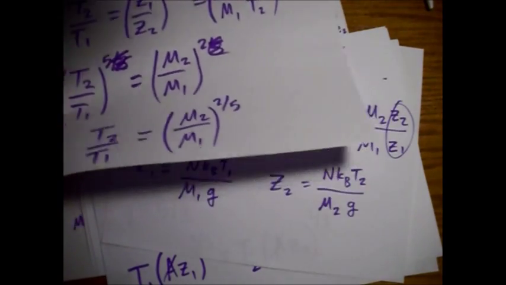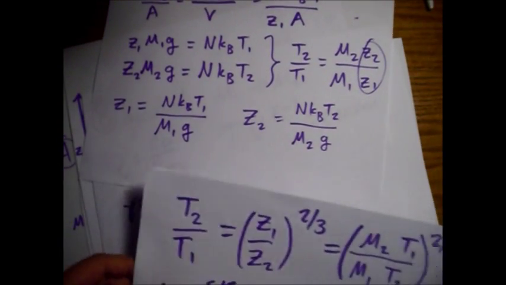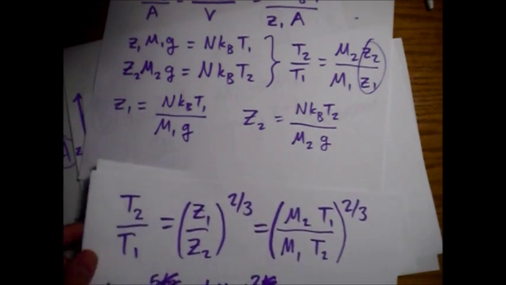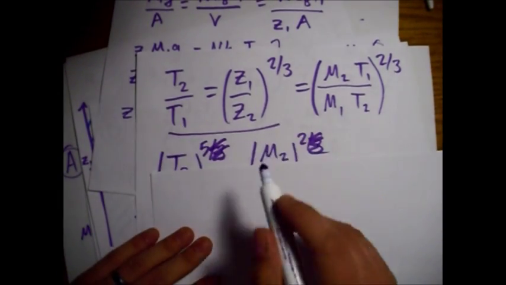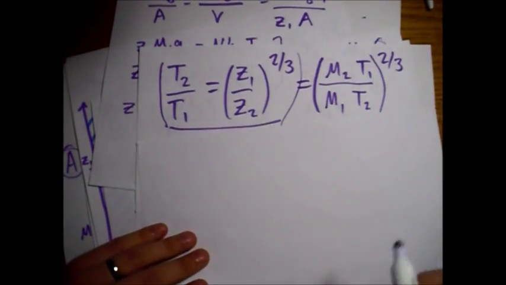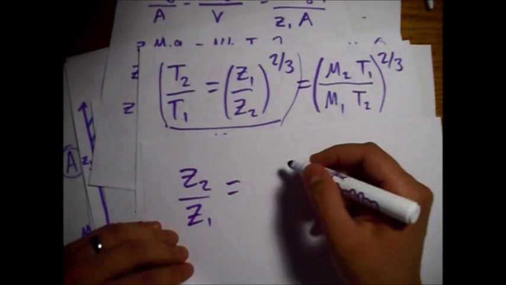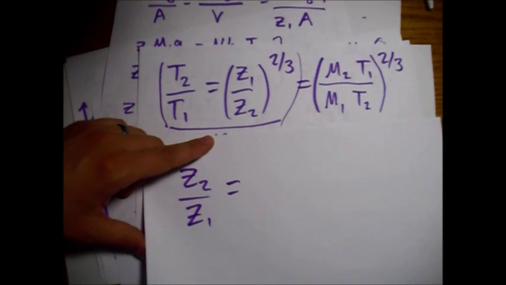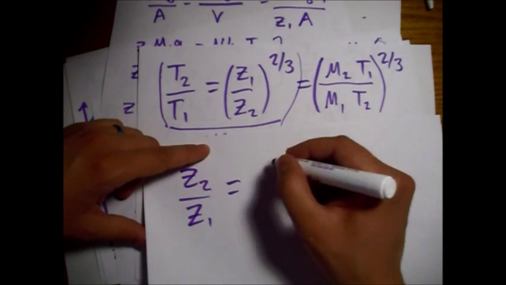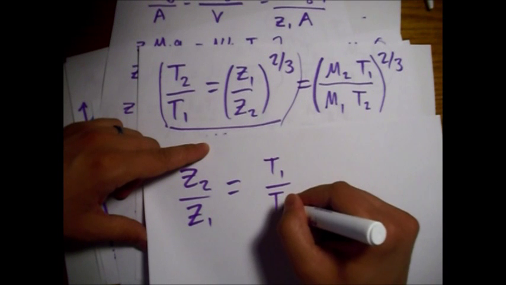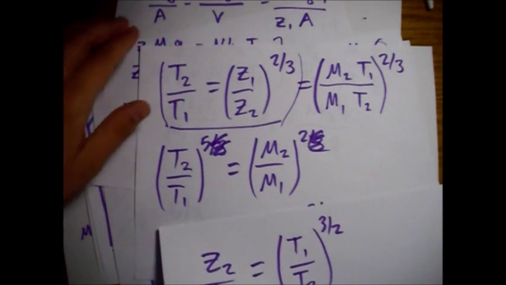Okay, so now we just have to do the same thing, except this time we're going for the Z2 over Z1. If we look at this equation right here, we have Z2 over Z1 is equal to, we'll take the 3/2 power of both sides, and we're flipping it as well. T1 over T2, and this is the 3/2 power.